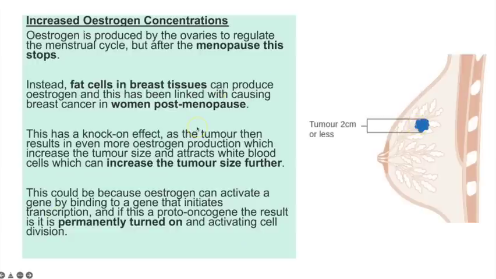Now, it has a knock-on effect as well, because as the tumour grows, those tumour cells are breast tissue cells, so that will result in even more estrogen being produced, and therefore even more of those proto-oncogenes could be switched on, activating more cell division. So this is an example of positive feedback. The more tumour we have, the more estrogen, but that results in even more tumour cells occurring.